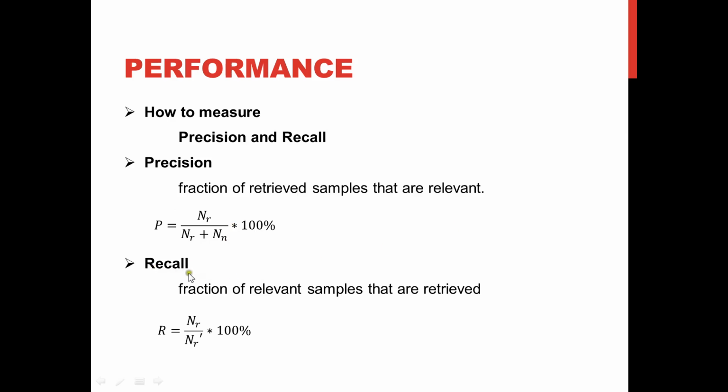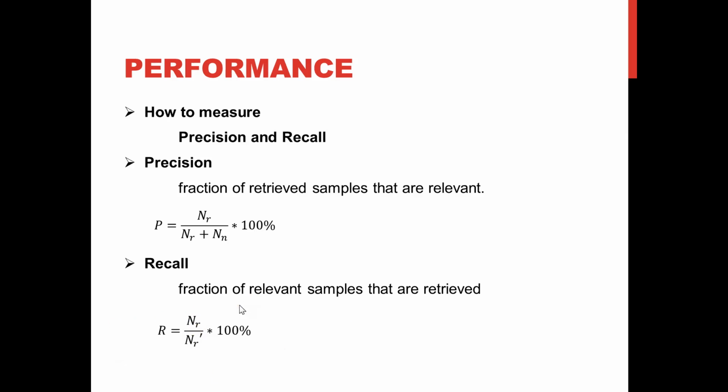This is recall. Recall means the fraction of the relevant samples that are retrieved, which means NR is the number of relevant samples you retrieved, and NR prime is the total number of relevant samples. Very simple.